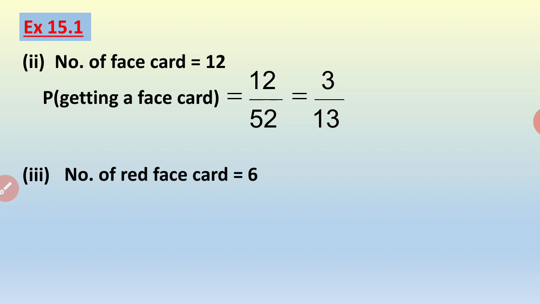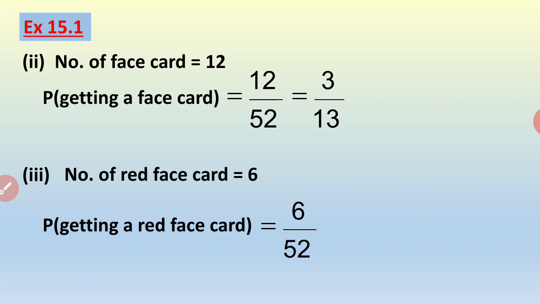The next is the number of red face cards. Out of 12 face cards, half of them are red in color, the other half are black in color. So, the probability of getting a red face card will be 6 upon 52, which is 3 upon 26.